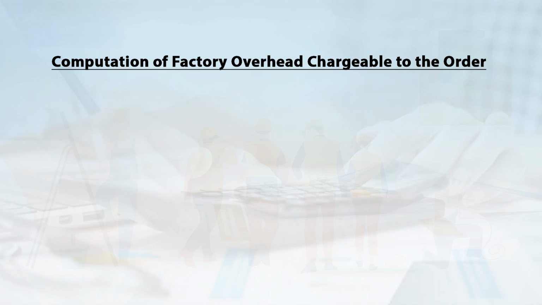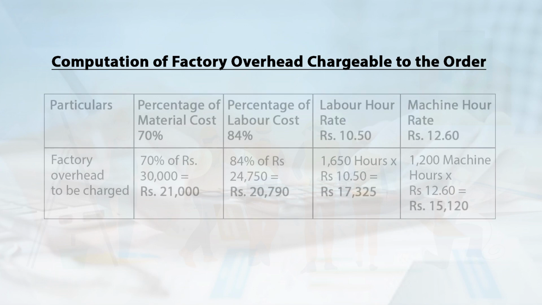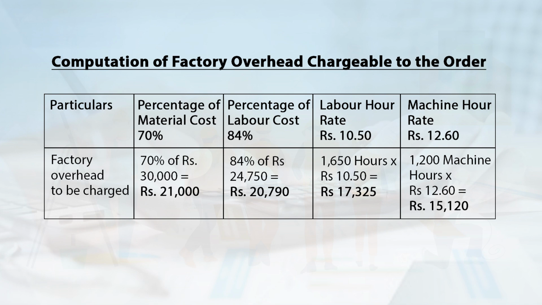Calculation of factory overhead chargeable to the order under all four methods. First, factory overhead to be charged under the percentage of material cost method is 70%, that is 70% of rupees 30,000, which is rupees 21,000. Under the second method, percentage of labor cost, it is 84%, that is 84% of rupees 24,750, which is rupees 20,790.